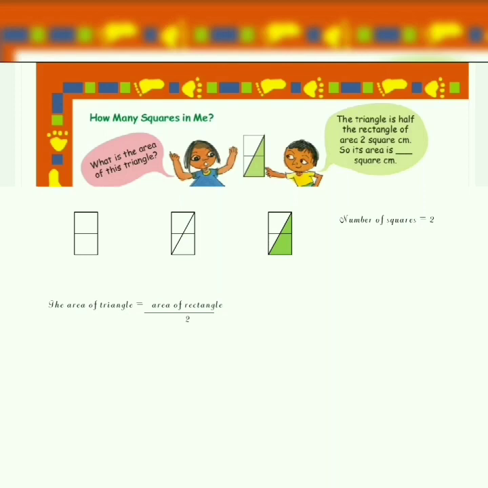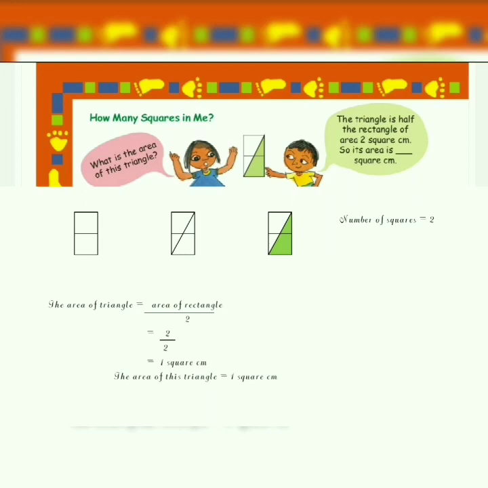What is the area of the rectangle? It is given here already, 2 square centimeter. So it is equal to 2 by 2. Clear? 2 by 2 means 1. So our answer will be 1 square centimeter. So we will write the area of this triangle is 1 square centimeter. Are you getting it or not? It is very easy. We just have to understand the given diagram step by step.